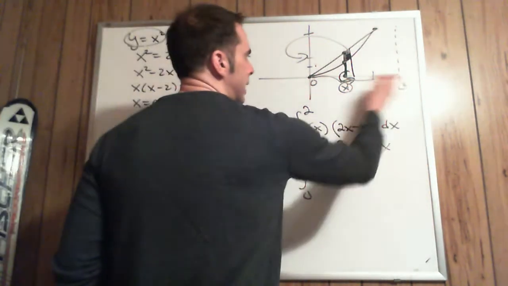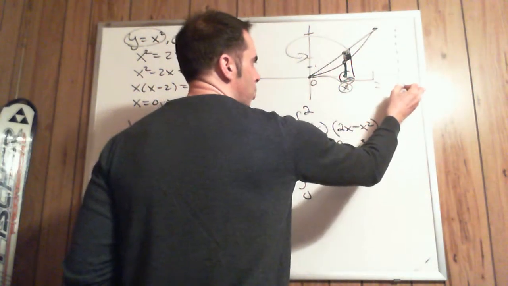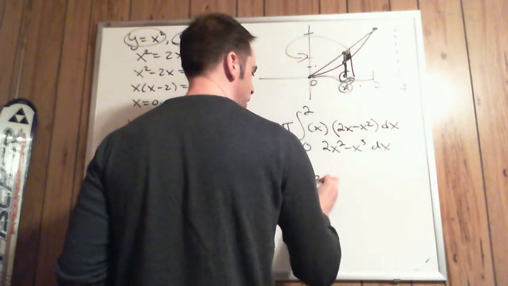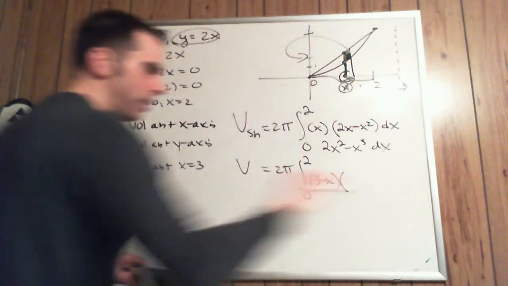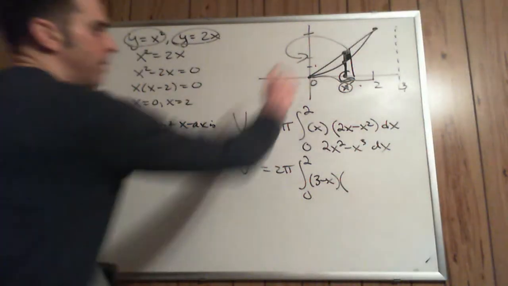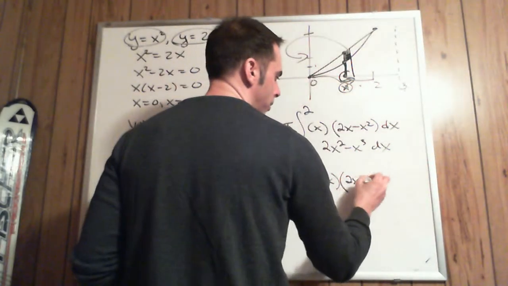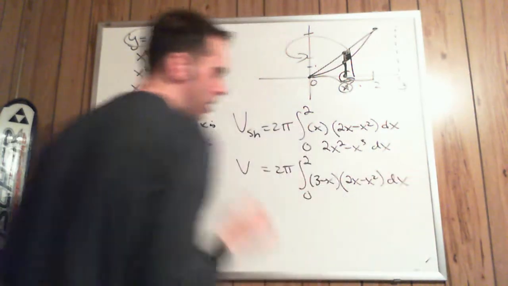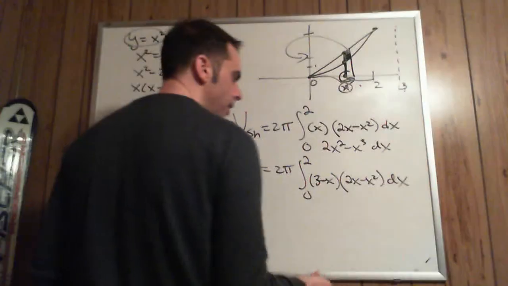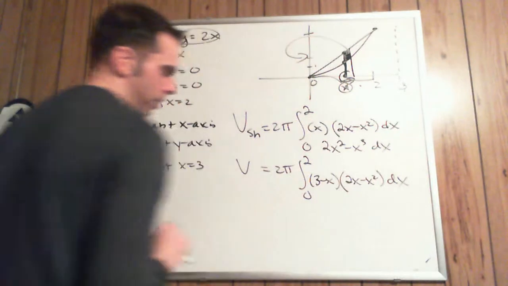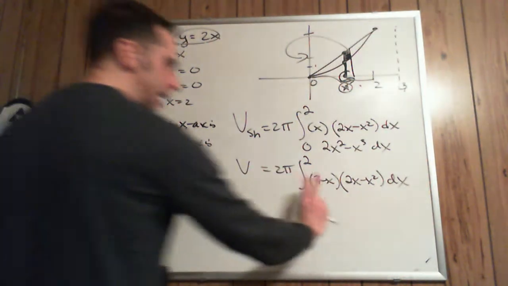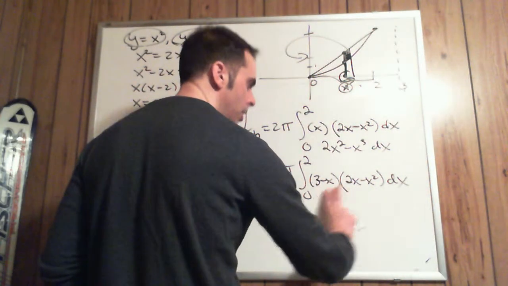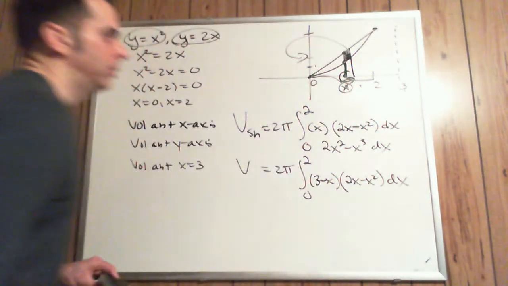The distance to this axis of rotation is 3 minus x, right minus left, because it's horizontal distance. And now the height of that rectangle is still going to be 2x minus x squared, close it, dx. In shell, don't forget some common errors. There is nothing squared right here. It's two things. Distance to the axis of rotation times the height of the rectangle.